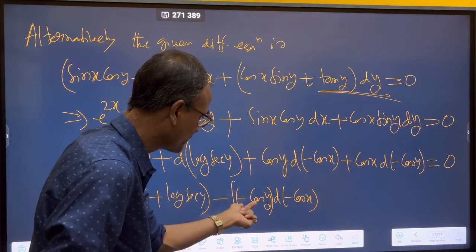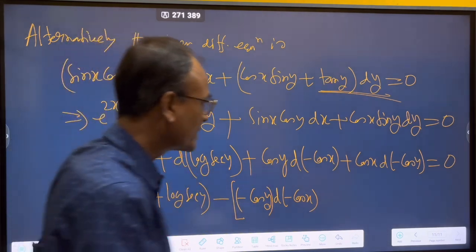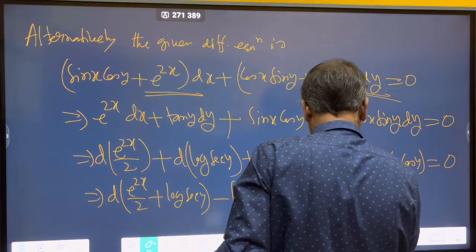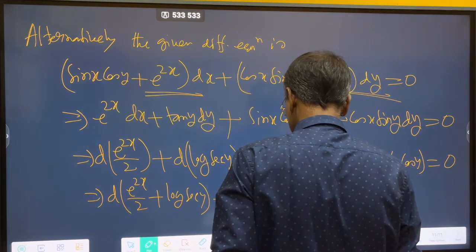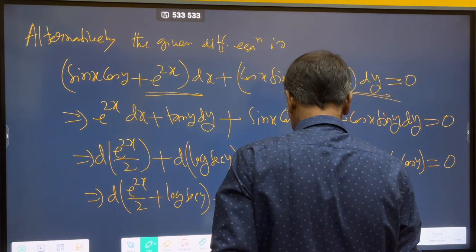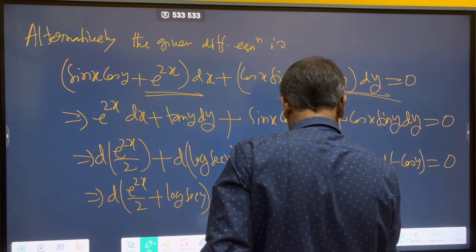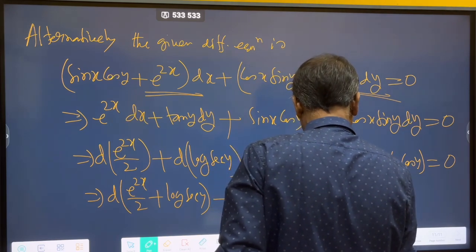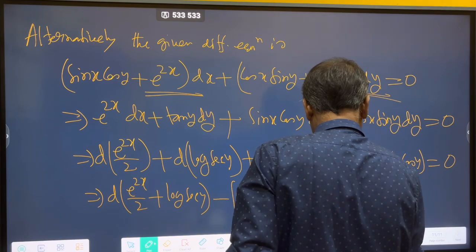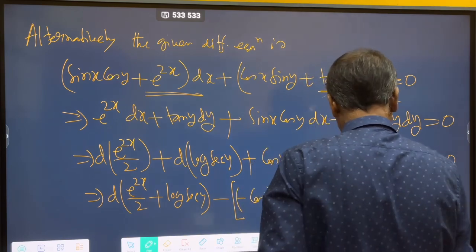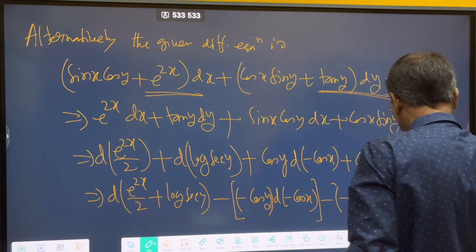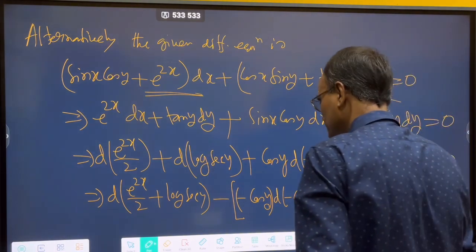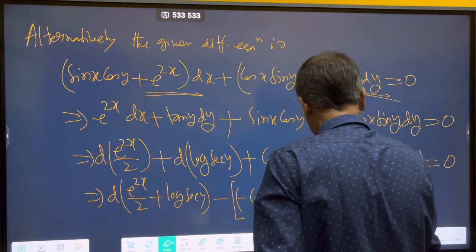For cos y, minus cos y with a minus sign. Here also minus cos x d of minus cos y, minus cos x minus cos y d of minus cos y.